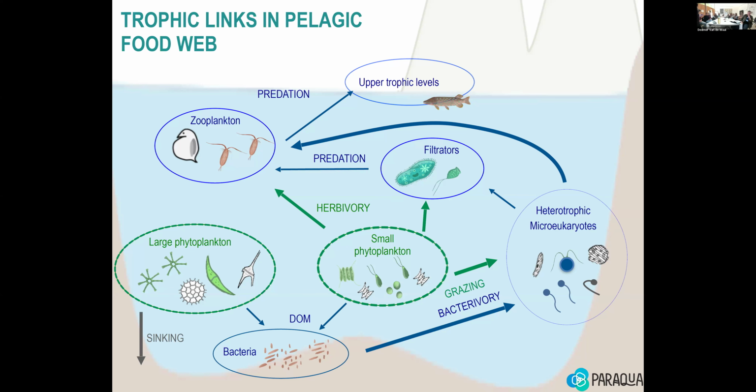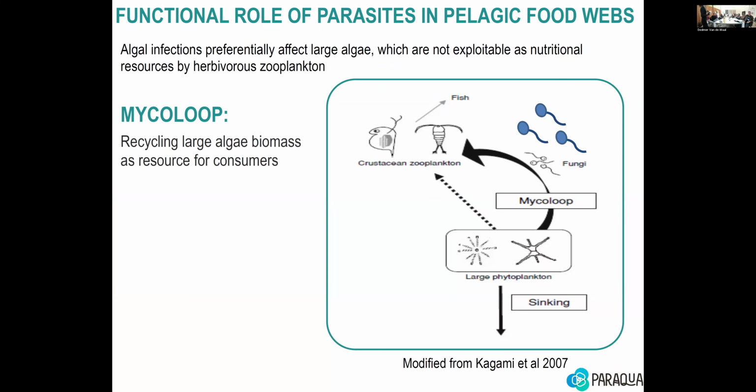And so it was Maiko, already a few years ago now, who conceptualized the mycoloop. She was working on Lake Biwa, on diatoms and desmids, and she observed that algal infection preferentially affects large algae.